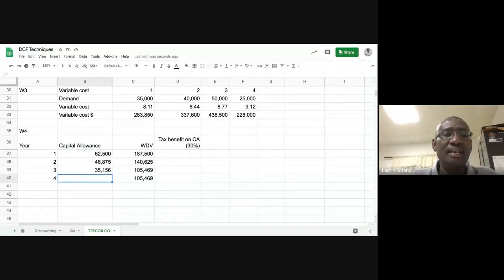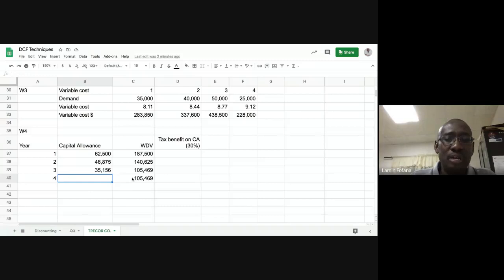Let me say this again. In year 4, that is end of year 4, the asset does not exist because it was sold. Okay? So if the asset was disposed of in year 4, there should be nil balance in year 4. As such, whatever remains in year 3, less the cash proceeds, the disposal proceed, will be the capital allowance for year 4.